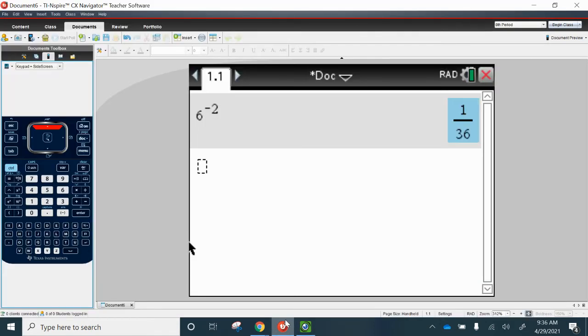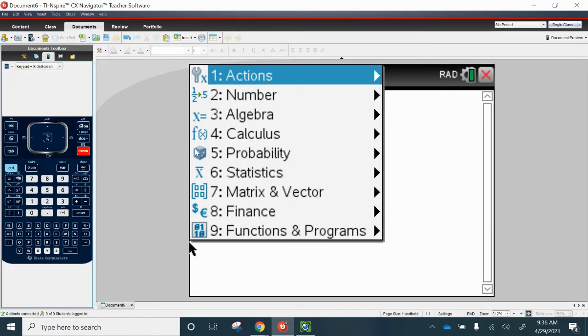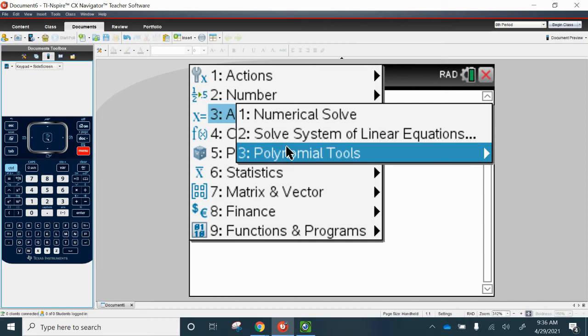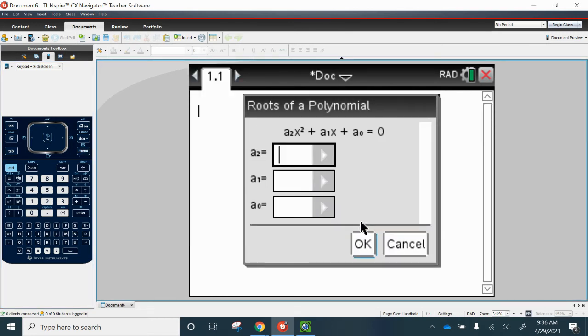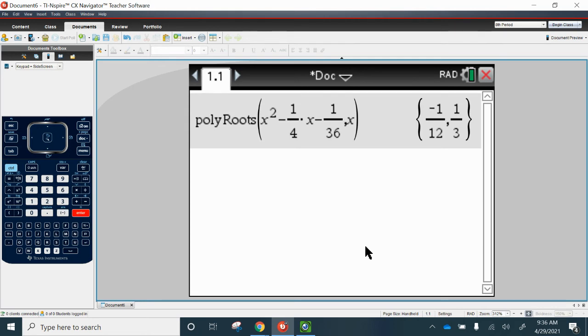Okay, we can use our calculator to solve that. So we're going to delete this. Go to Menu, Algebra, Polynomial Tools. Now, degree 2, press OK. Our numbers are 1, negative 1 divided by 4, and negative 1 divided by 36. Press OK. Press Enter. So our answers are x equals negative 1/12 and x equals 1/3.